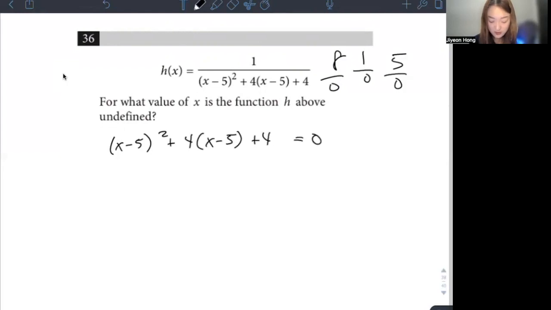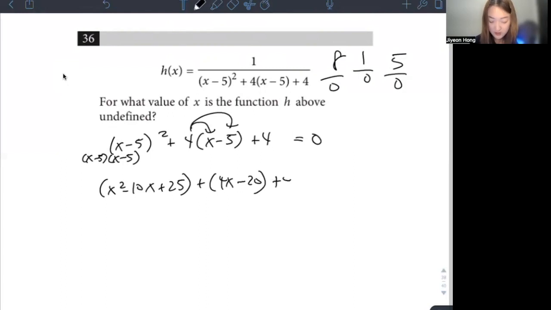So I'm going to multiply this out, the x minus 5, and I'm going to get x squared minus 10x plus 25, and I'm going to distribute the 4, so I get 4x minus 20 plus 4 equals 0. I'm going to simplify this further, so we have x squared.